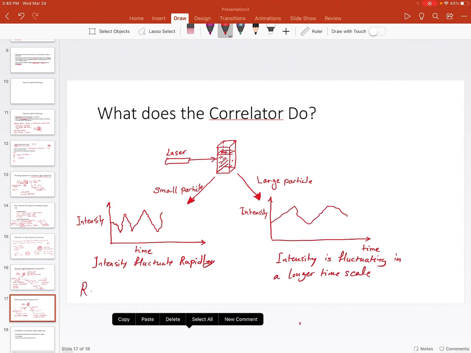So the rate of fluctuation in the scattering intensity is determined by size. This is very important. The rate of fluctuation is determined by the size of particles.